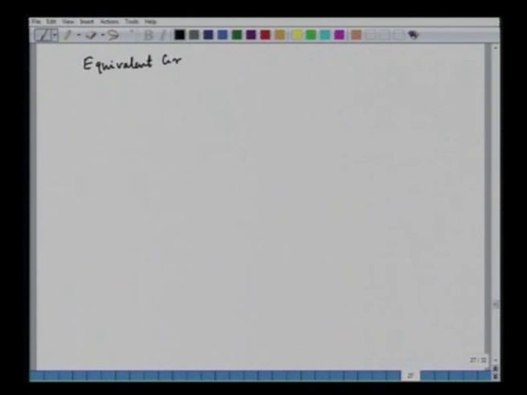Equivalent circuit of synchronous machine in Park reference frame.